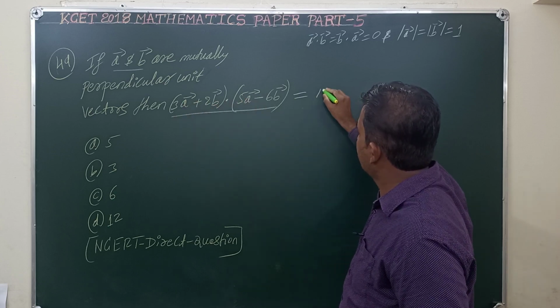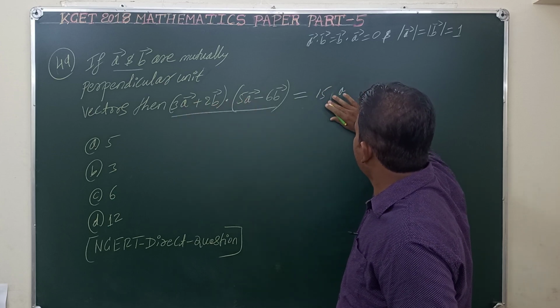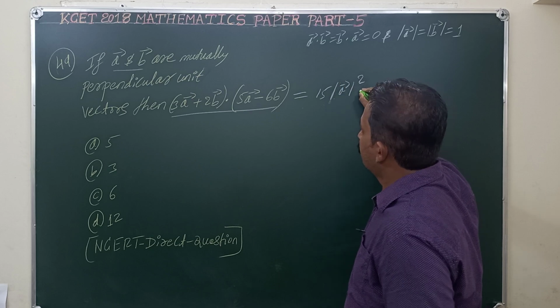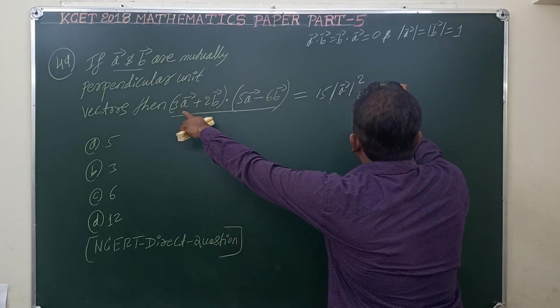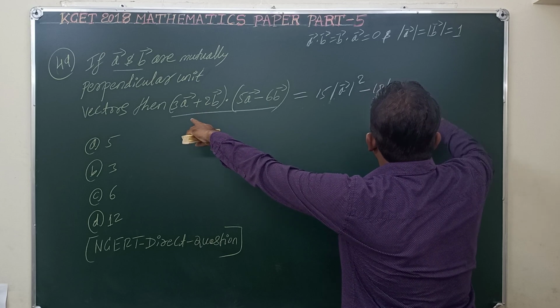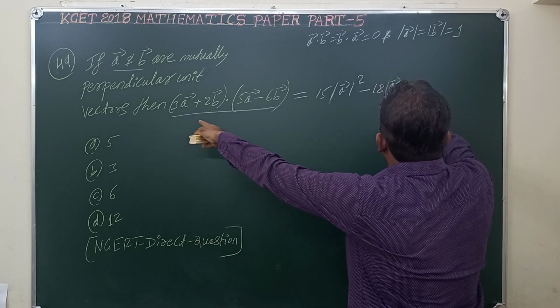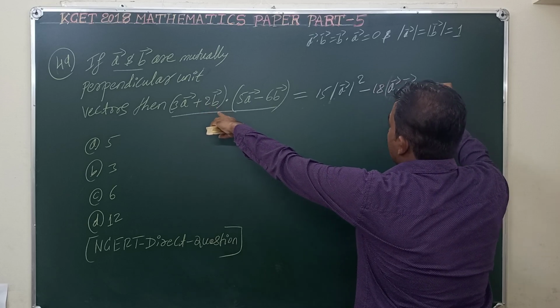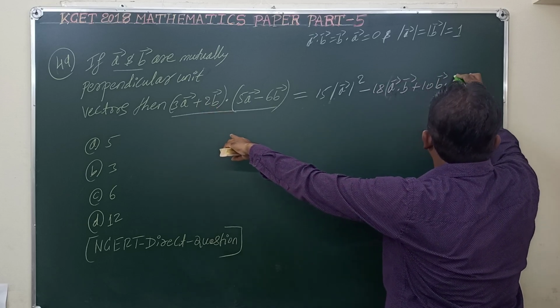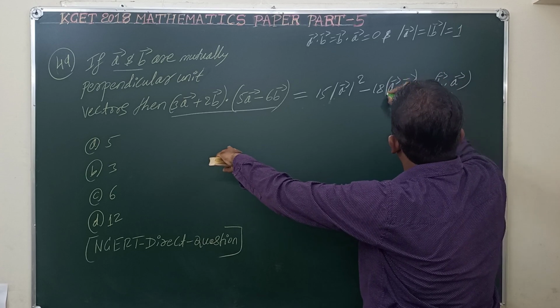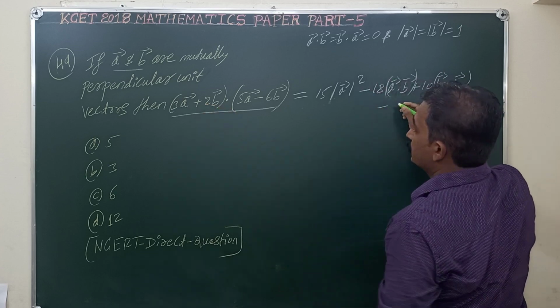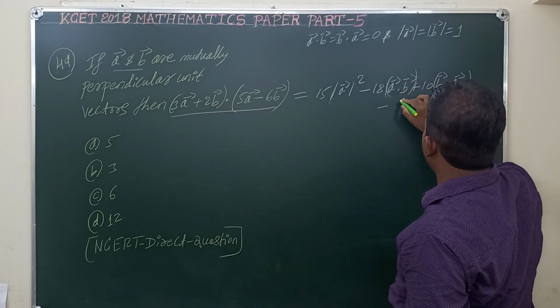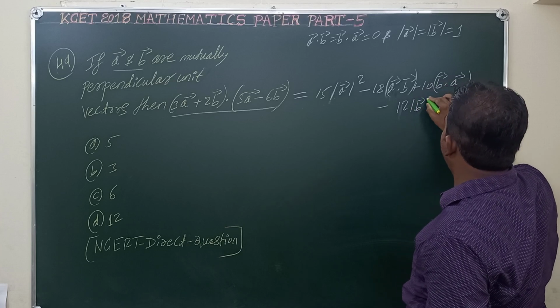3 into 5, 15, a dot a, magnitude of a square, minus 18 a dot b, next plus 10 b dot a and minus 12 magnitude of b square.